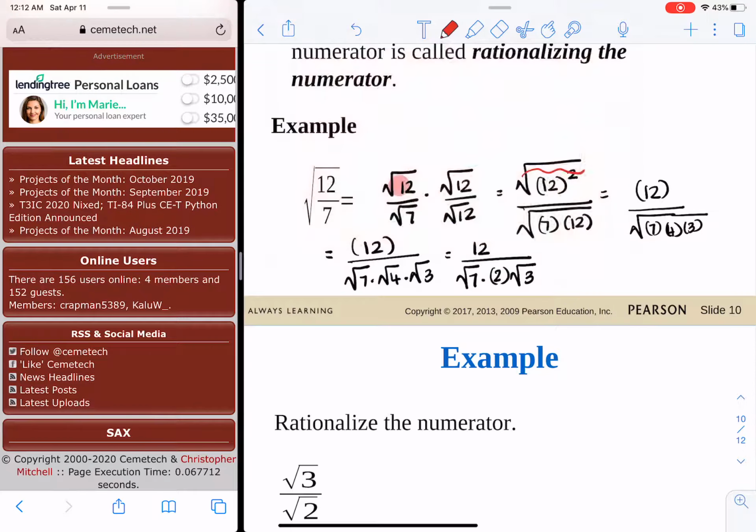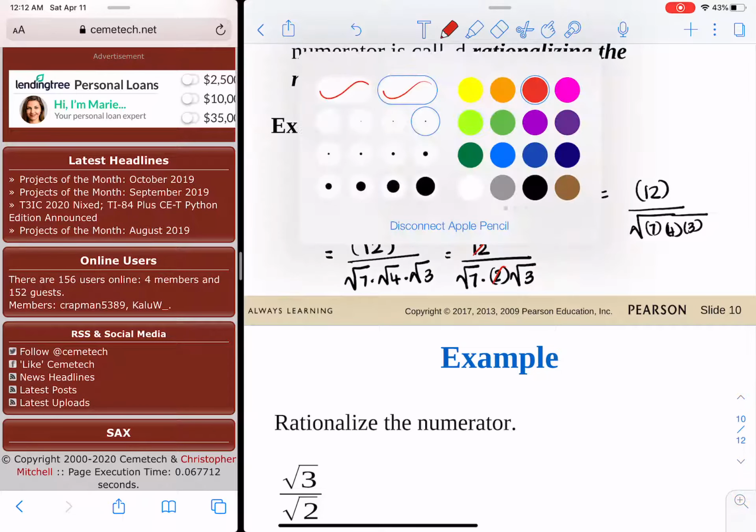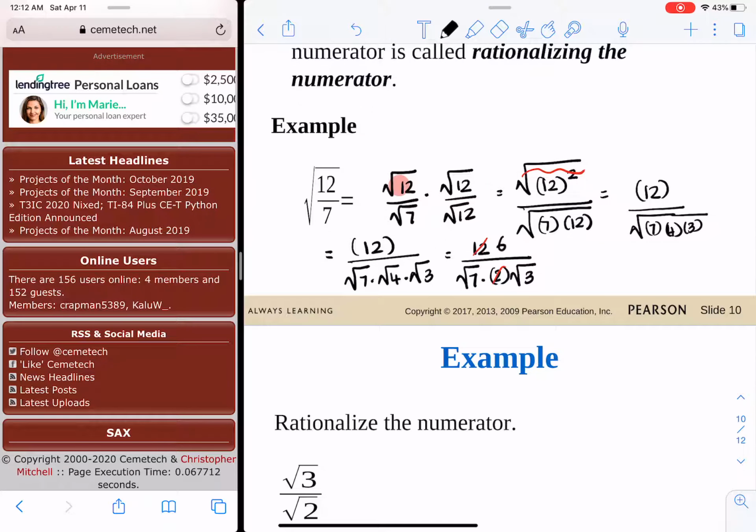Now, the 2 and the 12 would get cancelled, and we would get 6 there. So 6 divided by square root of 3 times square root of 7, which is 6 over square root of 21. So we got rid of the radical in the numerator.